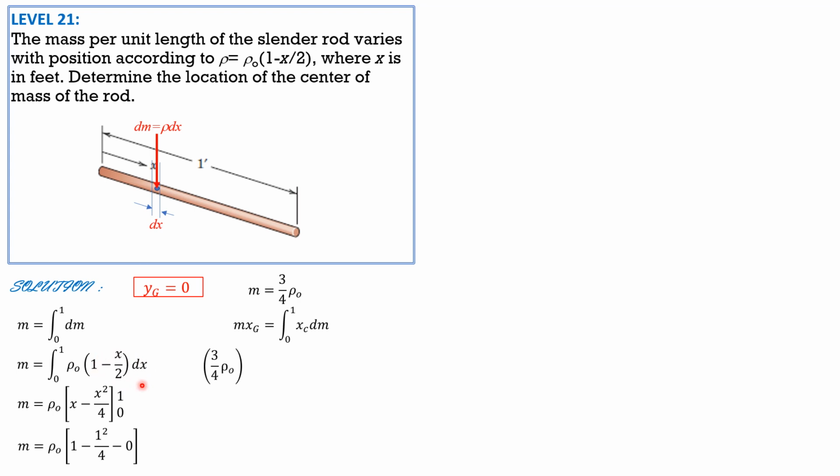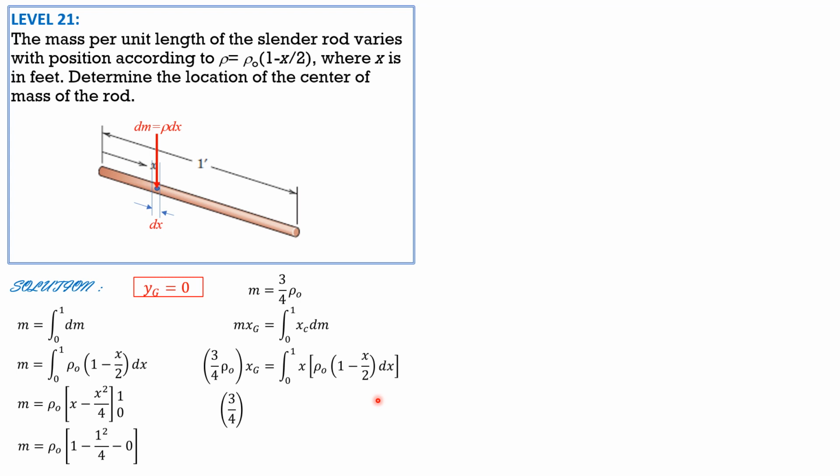So 3/4 of rho sub O xg equals integral of x quantity rho sub O quantity 1 minus x over 2 dx. Cancel out rho sub O, and take note that if we expand, the first term is x, the second term is x squared over 2.